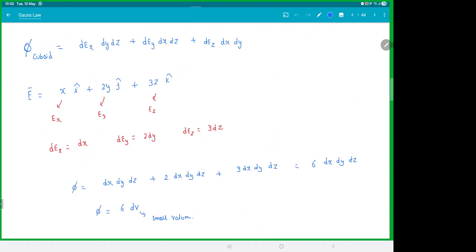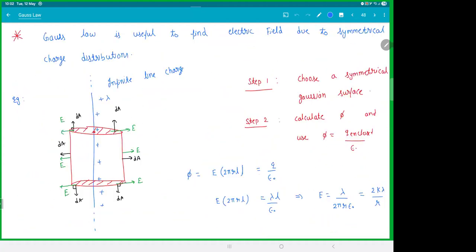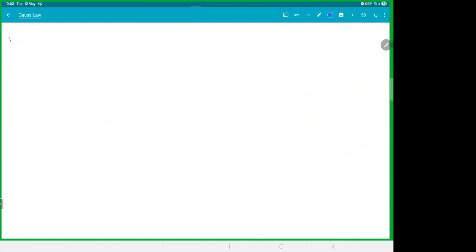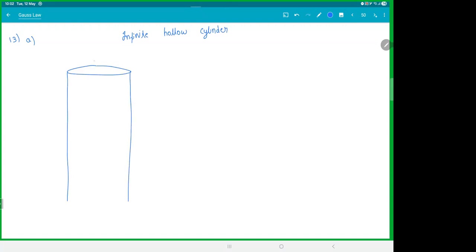Now I'll give you a few shapes which we didn't do in electrostatics. So you give it a try and then I'll show you. The first shape is an infinite hollow cylinder. So we have an infinite hollow cylinder.